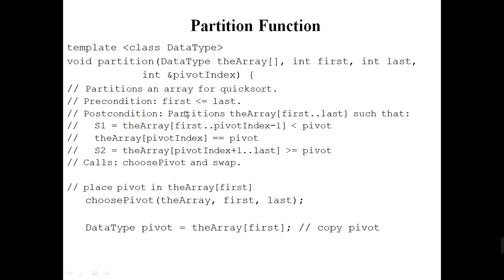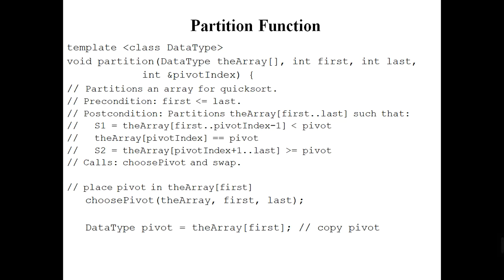Preconditions and postconditions: first is less than or equal to last, then partition the array from first to last such that S1 is the array from first to pivot index minus 1, less than pivot; the array at pivot index equals pivot; S2 is the array from pivot index plus 1 to last, greater than or equal to pivot. It calls choose pivot and swapping.